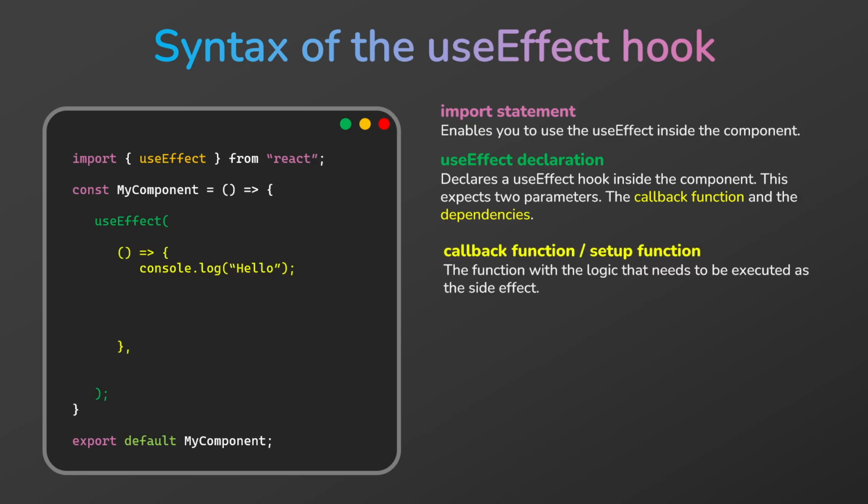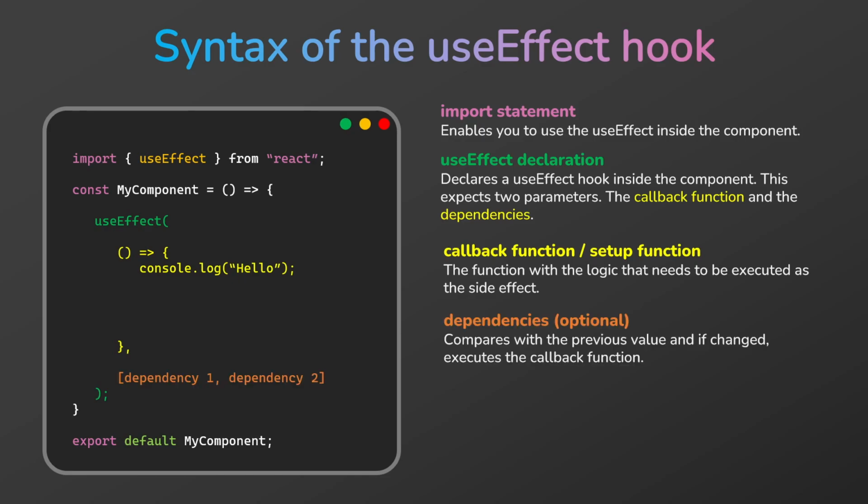For the third step, we have the callback function, also known as the setup function. This is the function with the logic that needs to be executed as the side effect. Next, we have optional dependencies. They compare themselves with the previous value, and if any change is detected, they execute the callback function.